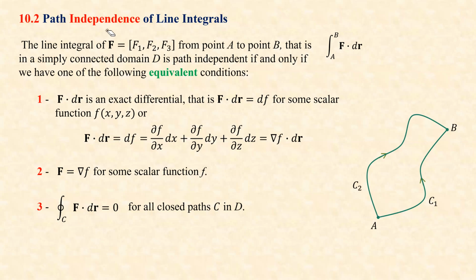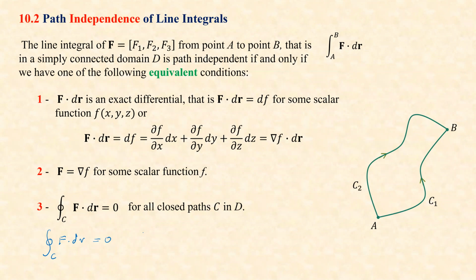Yes. Okay, I explain. You see, if you take a path from A to B and then come back to A, it means that along this path that is closed, if the integral over C closed path of f dot dr is equal to 0, it means that you can break the integral into two pieces: go from A to B along C1, and then go back on C2.